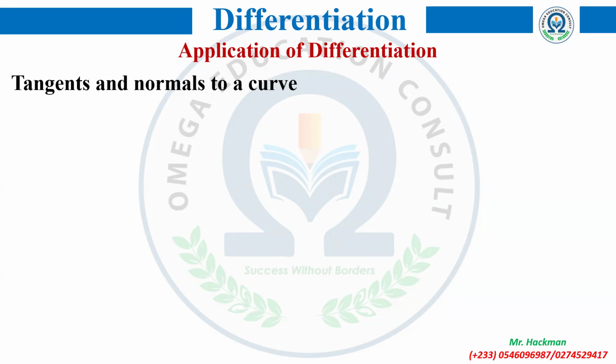So how do we identify tangents and normals? As for tangent, when I introduced you to the gradient, I made you aware, tangent basically will be any line drawn to meet your curve at exactly one point.